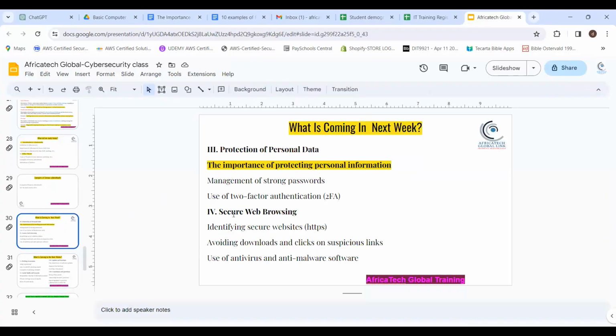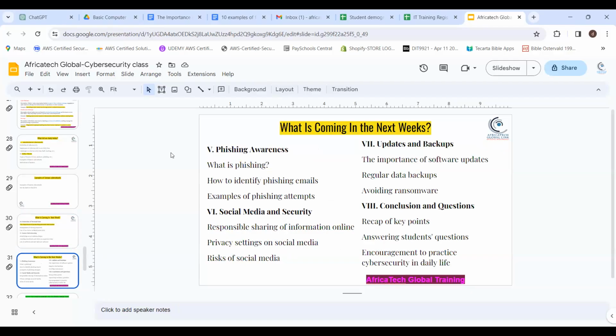The rest we will try to finish next week. That means we will talk about management of strong passwords, why you should use two-factor authentication, identifying secure websites, avoiding downloads and clicks on suspicious links, use of antivirus and anti-malware software, right?